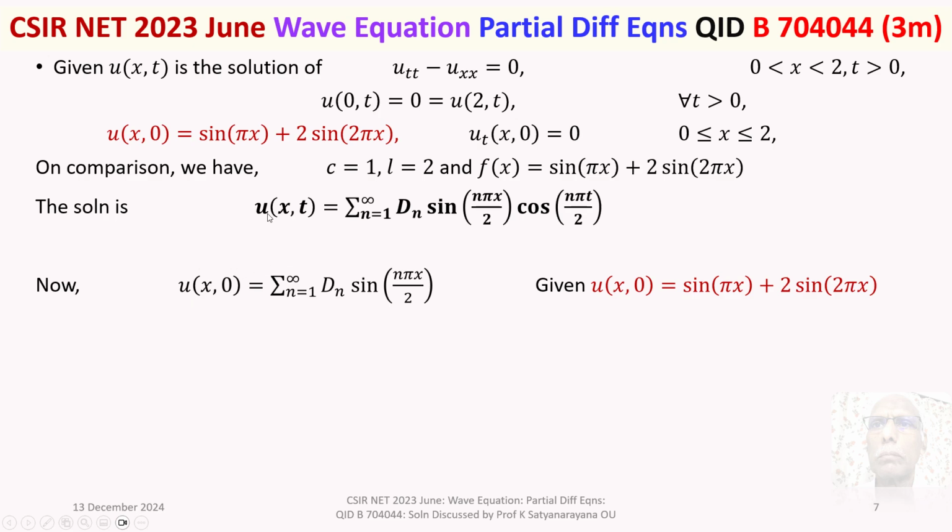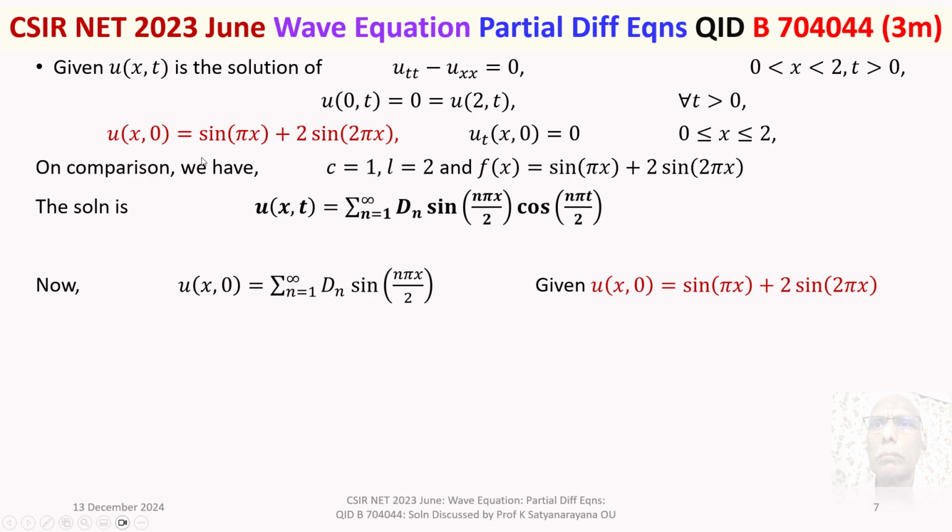So now take u of x comma t, in that put t is equal to 0. So u at x comma 0 is equal to sigma n is equal to 1 to infinity d_n into sine of n pi x by 2, and when t is 0, cos 0 is 1. So this is only this much.